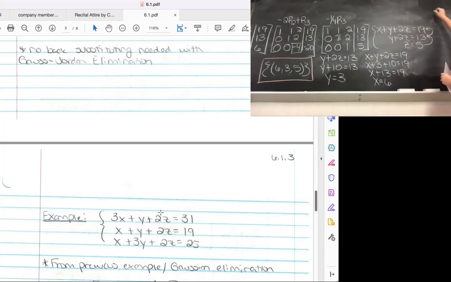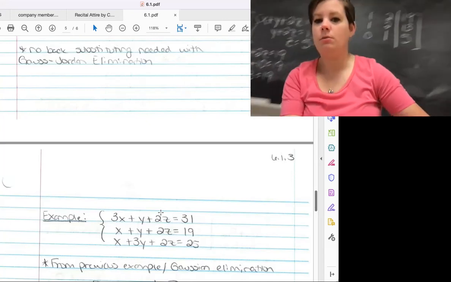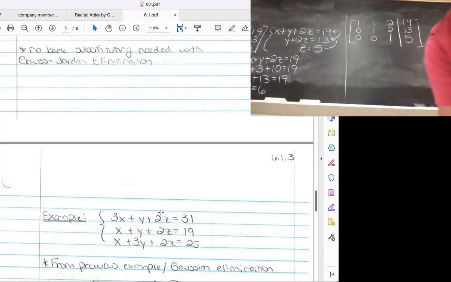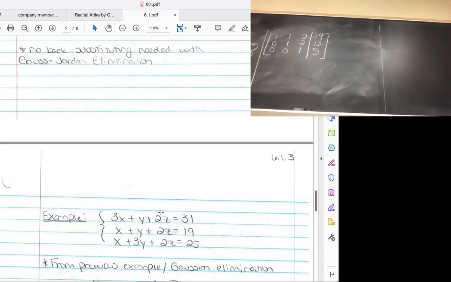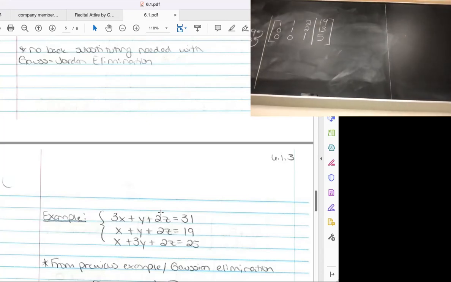So let me put up a marker. 1, 0, 1, 1, 0, 2, 2, 1, 19, 13, and 5. But you can't see any of that, so let me bring you over. All right, there is our row echelon form.